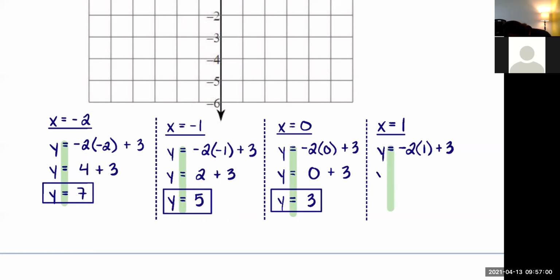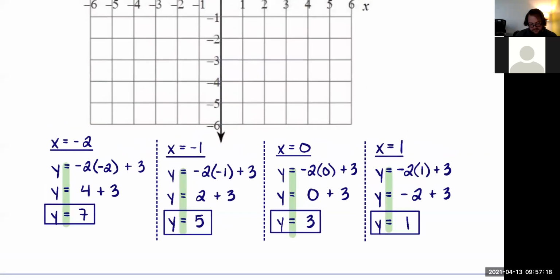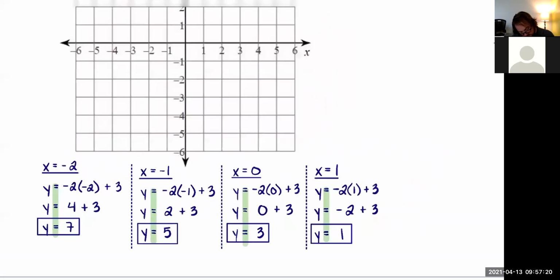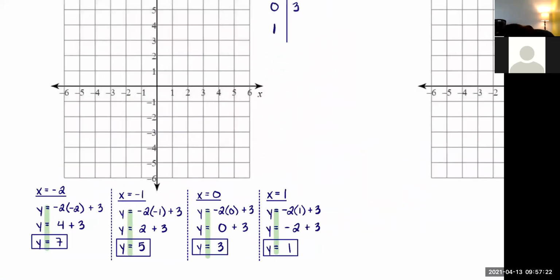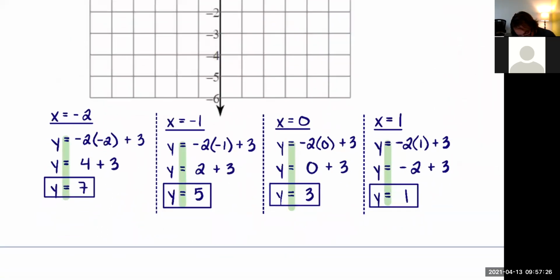Again, that multiplication is going to come first. -2 times 1 is a -2. And -2 plus 3 is a +1. So again, up here in my table, I'm going to pair a 1 with the 1.